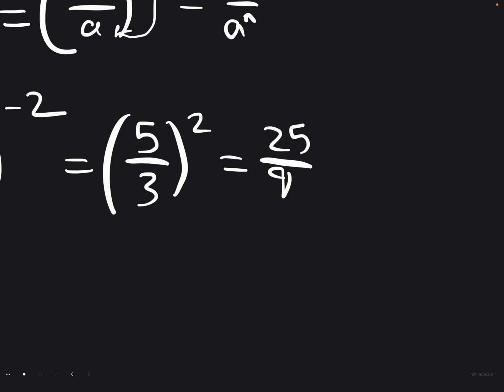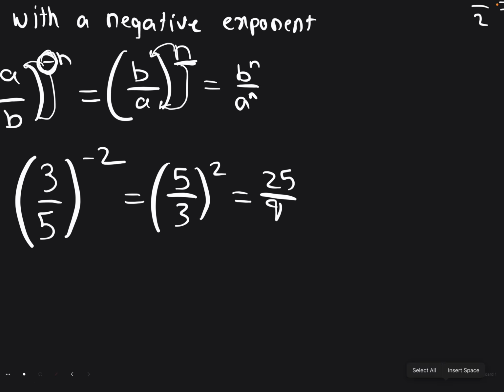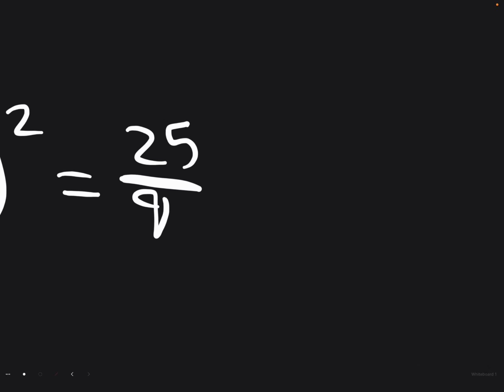Also, some teachers might want you to put them in mixed numbers. Some teachers might specify in the question whether you need a mixed number, improper fraction, radical, or whatever. For this question, we'll just convert it into a mixed number.